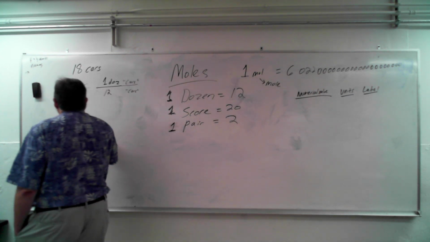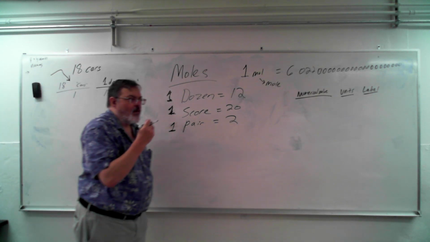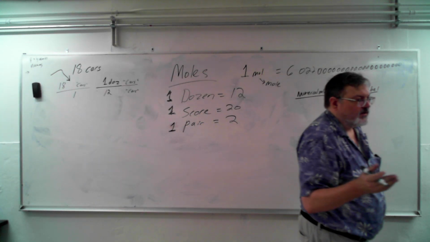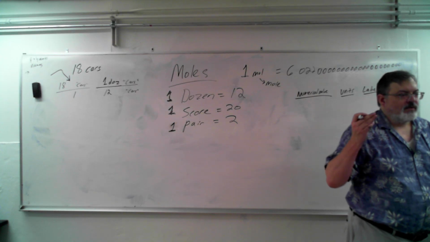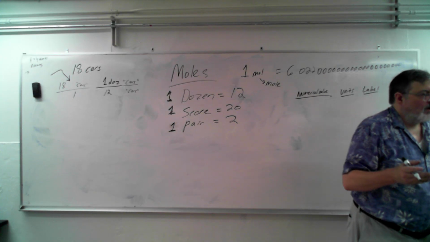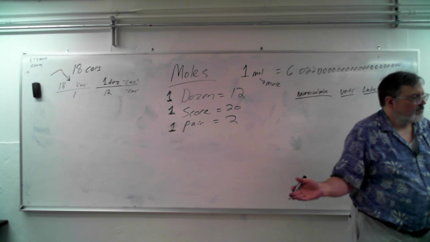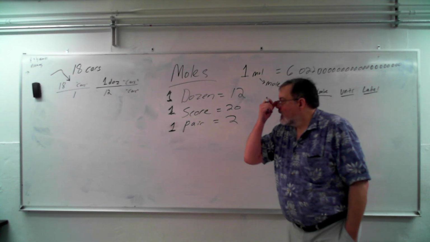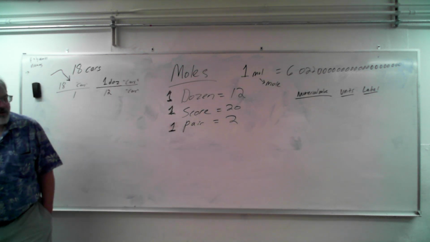And there would be nothing here for counting units, because you weren't using any counting units. Counting units, mole, pairs, dozen, score, are different from all the other units we typically work with, like grams and volumes and stuff. Counting units are a little different, but they do fit in their own category.